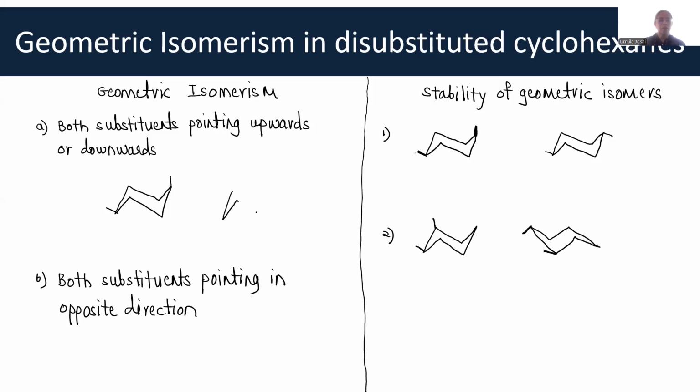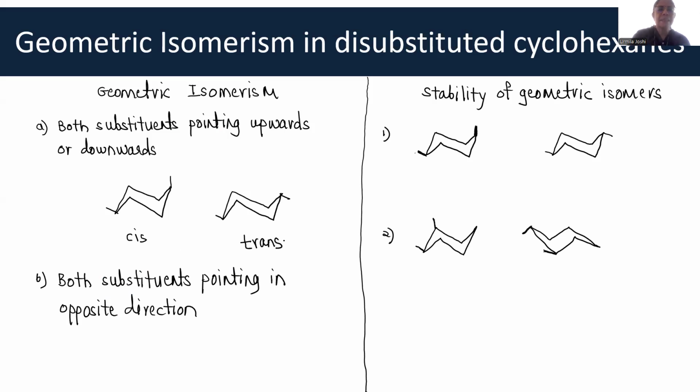Another structure can be this and this. Now here both are pointing upwards. One axial, one equatorial is all right. Both are pointing upwards. So this is a cis isomer. Here one is pointing upwards, one is pointing downwards. So both are trans isomers.